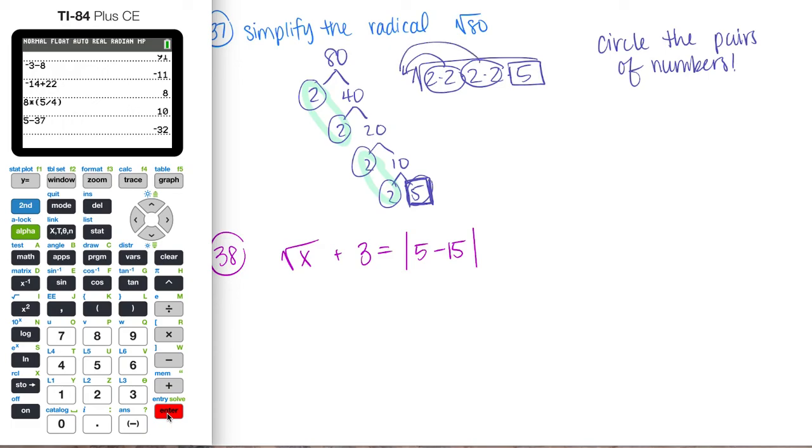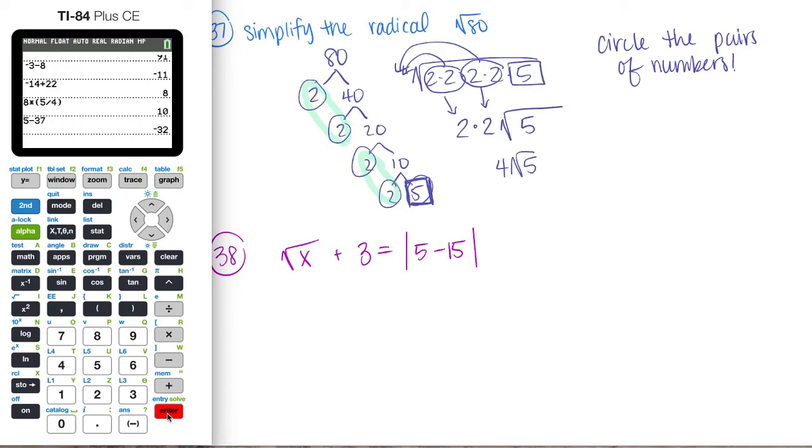For our pairs, we're going to bring one of each out front. So we're going to bring 2 2's out front. Then we're going to have our radical and our 5. So we brought 1 2 right there and 1 2 from there. Then multiply those together and we have 4 root 5.